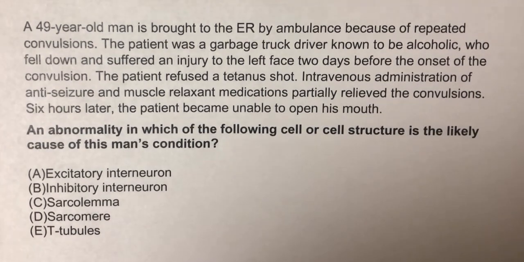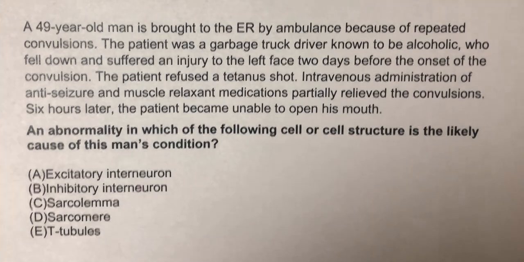Well, we have what seems to be a seizure or increased electrical activity to the muscles. And so we're looking for an answer here that's going to relate to overexcitation. Now, the trick with the nervous system is there's both excitatory neurons and inhibitory neurons. The excitatory neurons excite and the inhibitory neurons inhibit, but if we inhibit an inhibitory neuron, we get excitation.